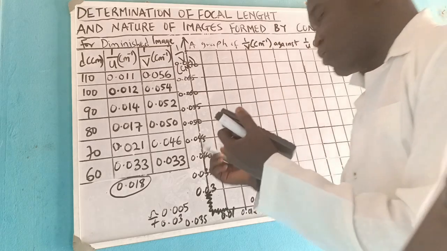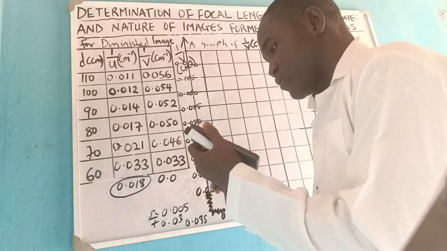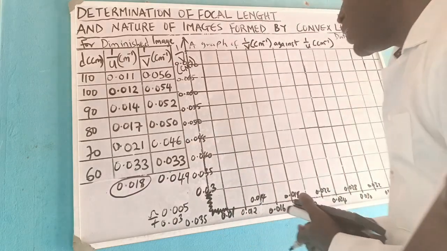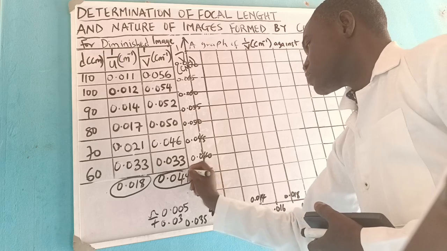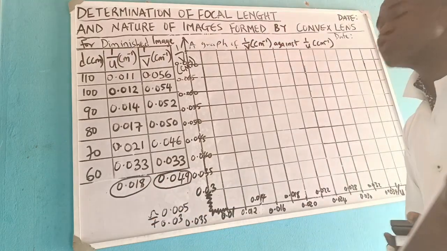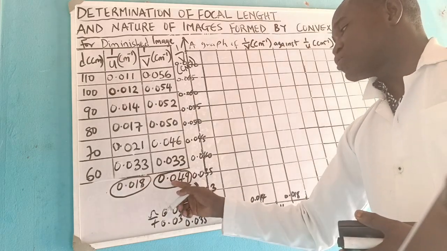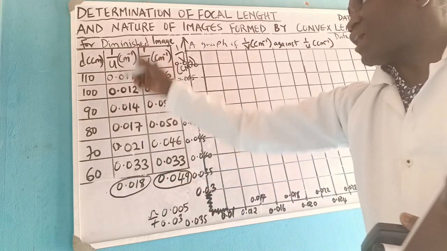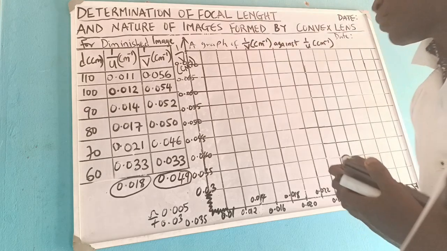That will be giving you 0.049 approximately, so to speak. We also circle it. These values are called the values you will use to get your centroid. I mean the values that are to give you your centroid. These are the centroid. The value for the 1 over u and the 1 over v. Let's do the plotting.